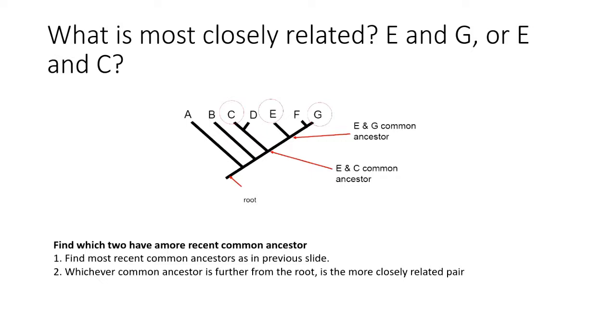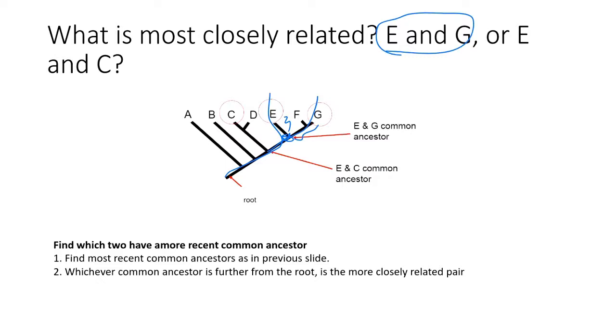Awesome. Okay, let's take a look. Most of you answered correctly. It is E and G. Let's go from E to the root and from G to the root. This is the common ancestor, a very short distance.